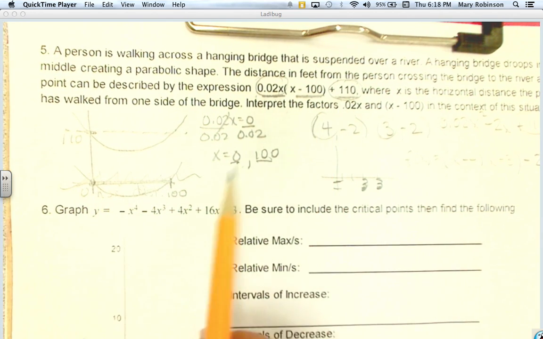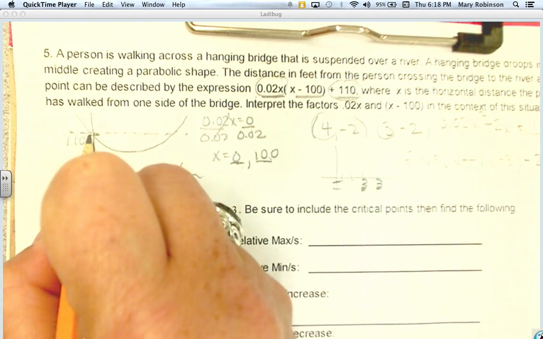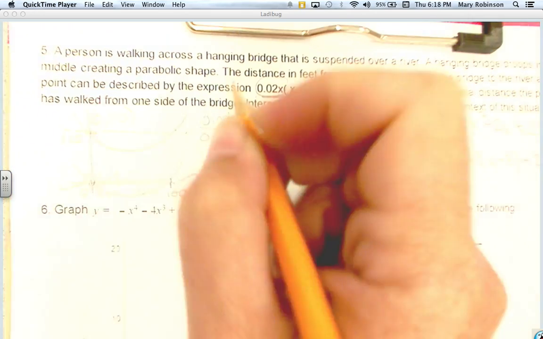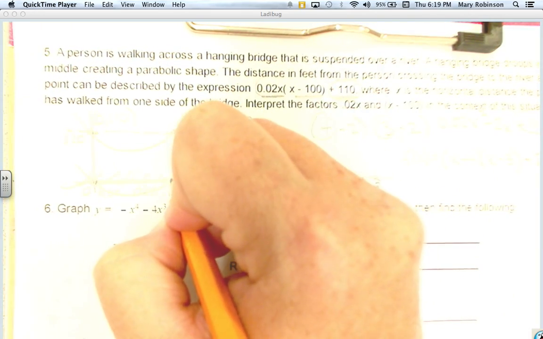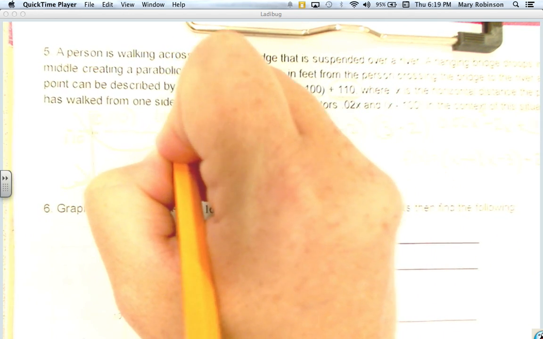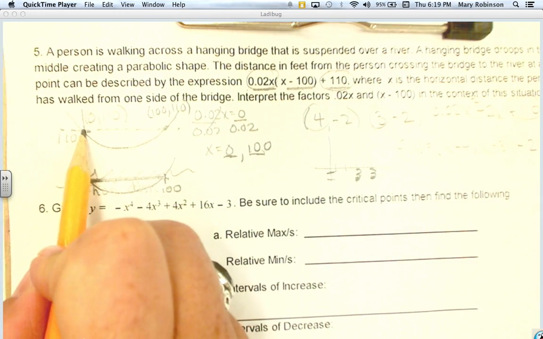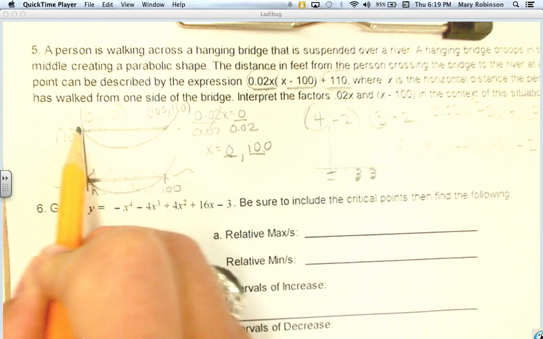And what did the factors tell us? The factors told us 0 and 100. So that means if our 0 is shifted up here, that would be the ordered pair 0, 110. And this ordered pair would be an x value of 100, 110. So what does that tell us? It tells us the horizontal distance of the bridge itself is actually 100 feet.